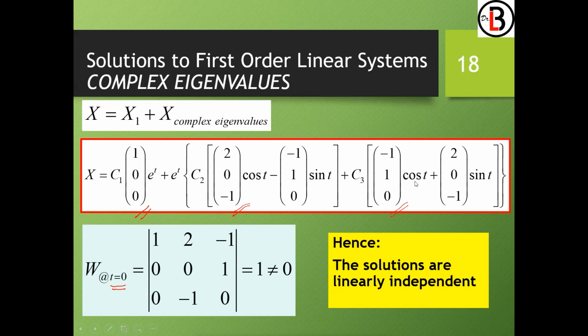And then in here, when t is equal to 0, this cancels. So you're left with -1, 1, 0. So here, the Wronskian determinant that you obtained is equal to 1. It's non-zero, meaning the solutions of this one will be linearly independent.